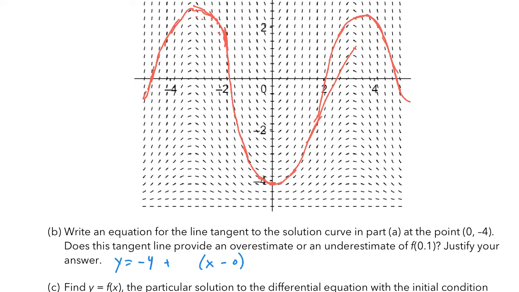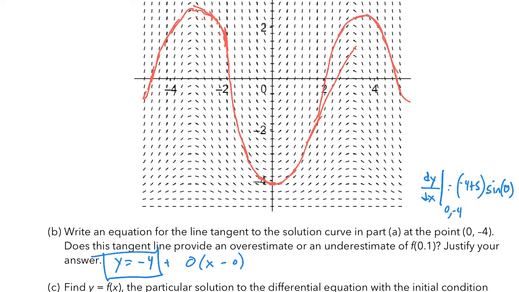So I need to find the slope. dy/dx at (0, -4) is what was given, so it'd be -4 plus 5 times sine of 0. But sine of 0 is 0, and so that whole thing is 0, and so this is my tangent line. It's just plugging in the point and the slope.